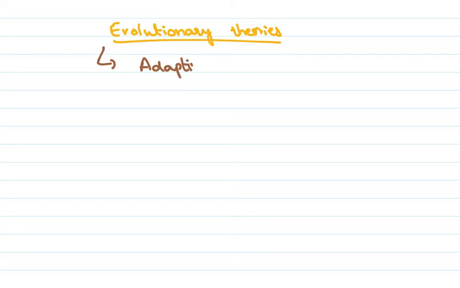Then there are other theories that take into account the process of evolution, and they're called the evolutionary theories of motivation. What they do is assume that all sorts of traits or behaviors that human beings have have served some kind of adaptive value, which basically means that they have helped human beings in the race of survival. Let's suppose you have something like aggression.